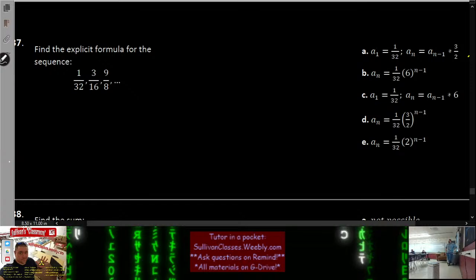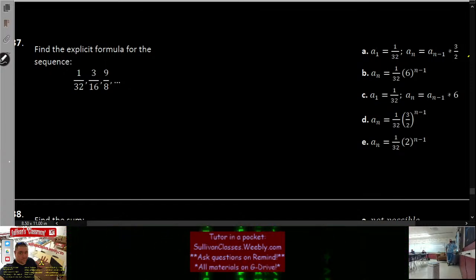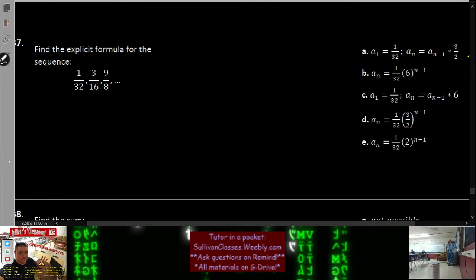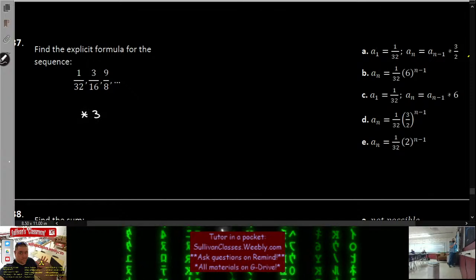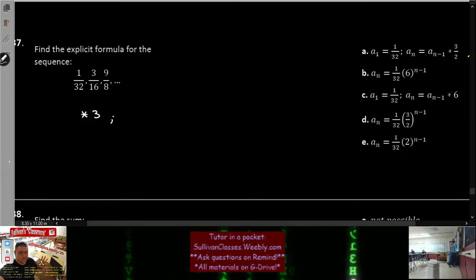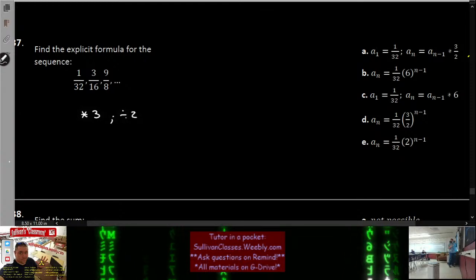Remember, we don't divide in this house. We multiply by things. Okay, you said they multiplied by 3 and they divided by 2. Well, we don't divide in this house.